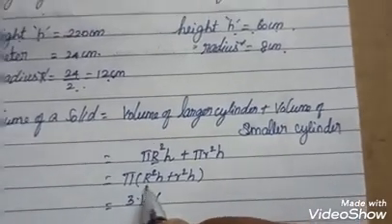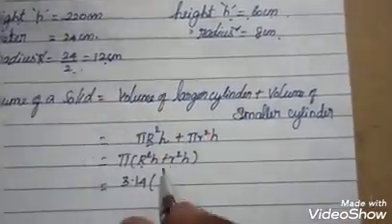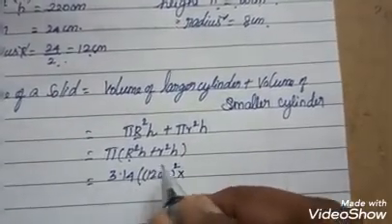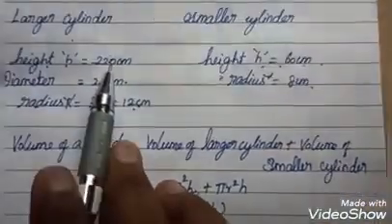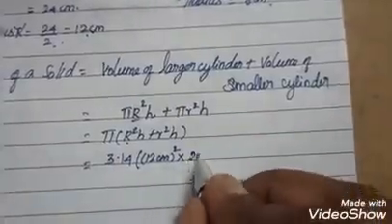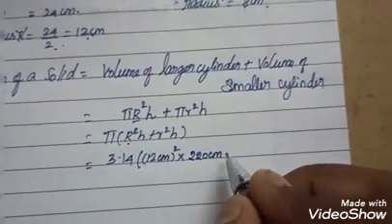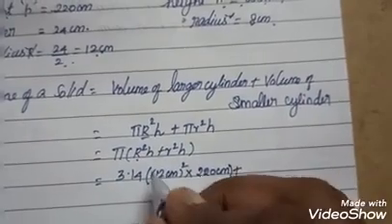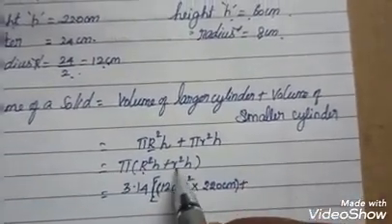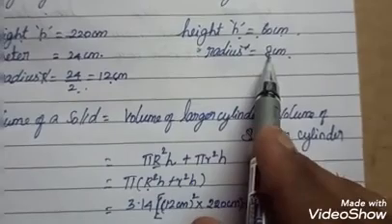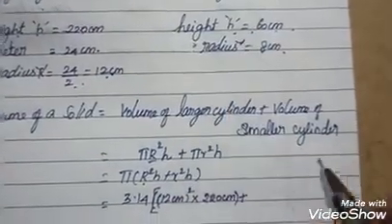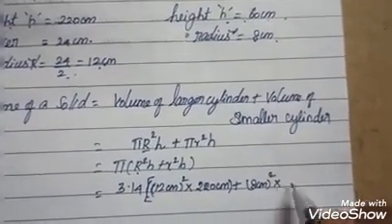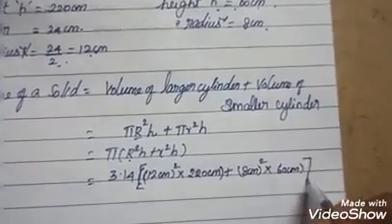The value of pi is 3.14 into R square, the radius is 12 centimeter, so 12 centimeter square into height, which is 220 centimeter, plus r square h. Here small r is the radius of the smaller cylinder, so this is 8 centimeter whole square into 60 centimeter.